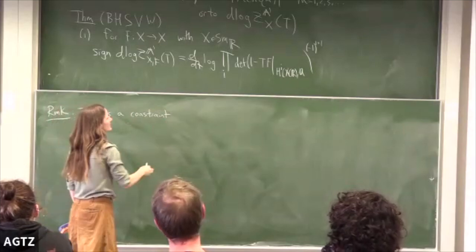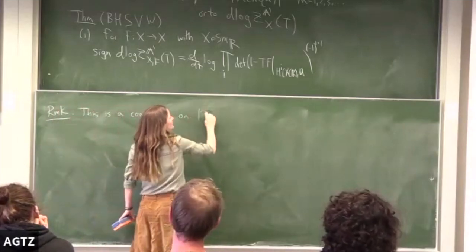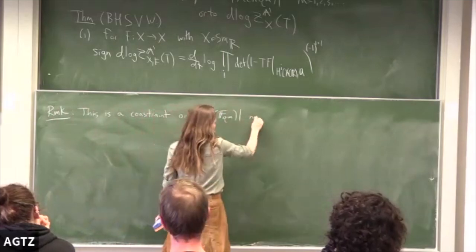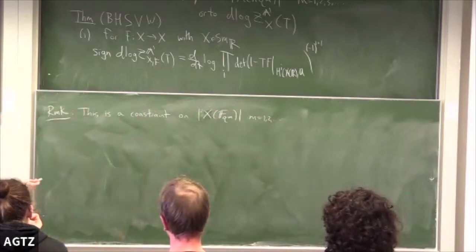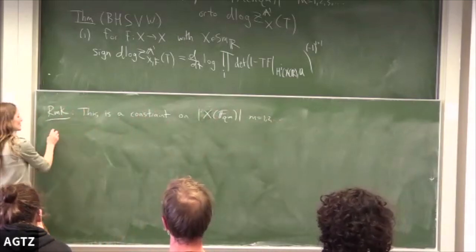There's a bunch of constraints on X(F_q^m). And P2 violates these. It's a congruence constraint which does not hold for P2.